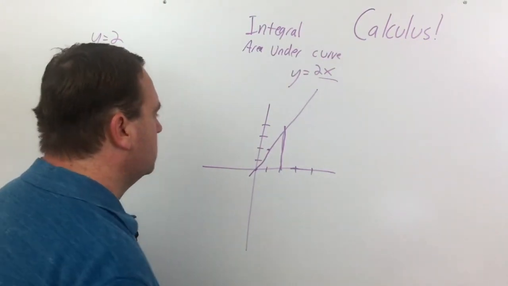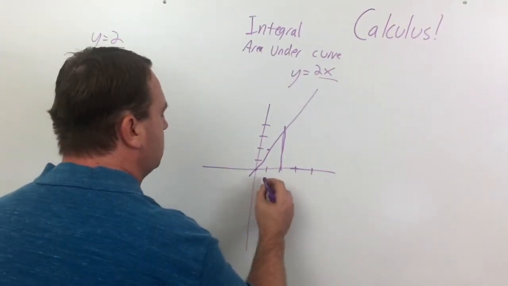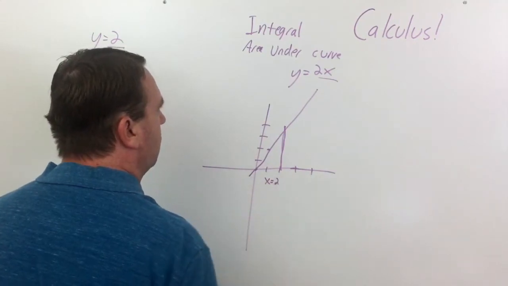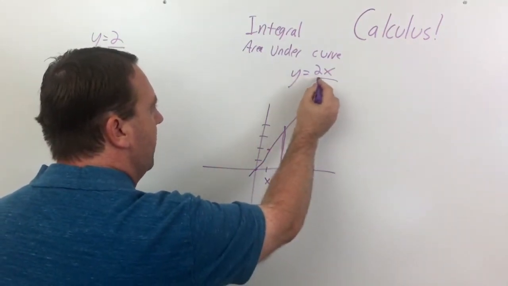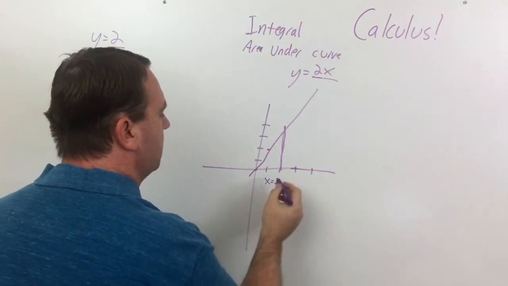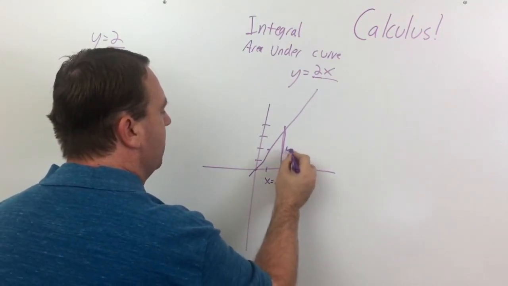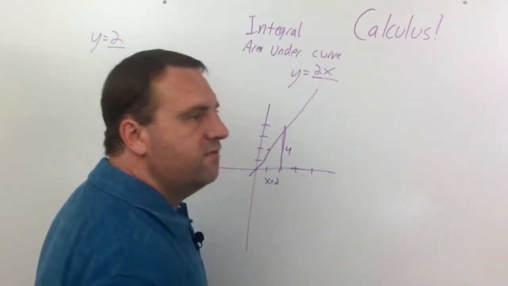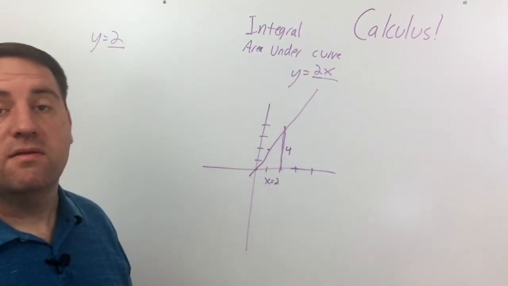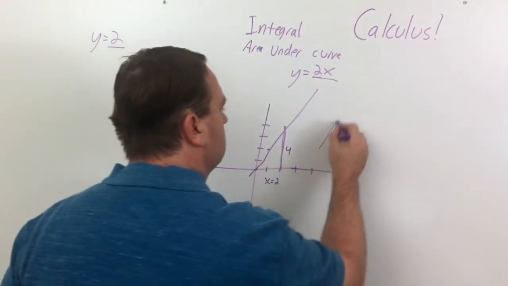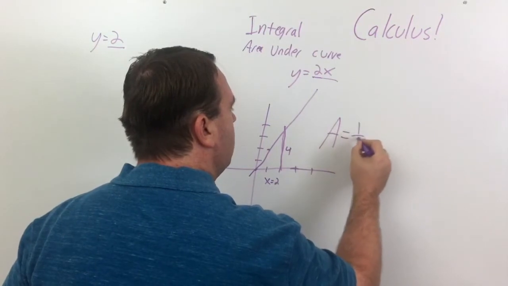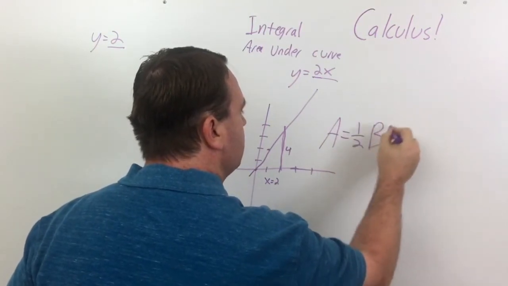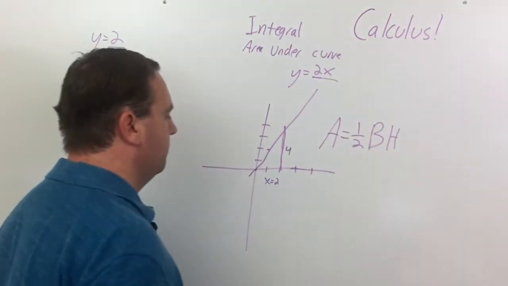Okay? So let's say at x equals 2, what's the height? Well, the height is given as 2 times our x value. So at x equals 2, the height will be 4. How do we find the area of a triangle? Well, the area of a triangle is 1/2 base times height.